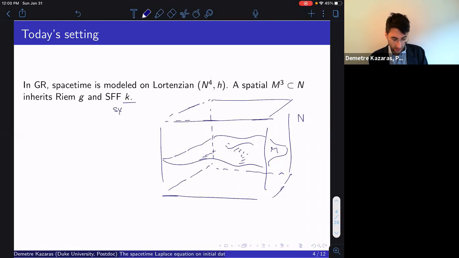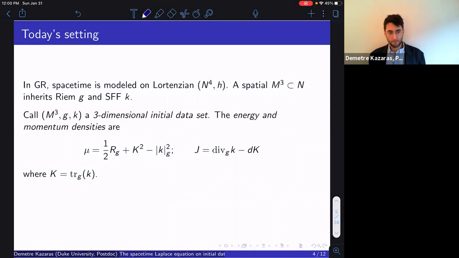It's a symmetric 2 tensor on M, which reflects the difference between the connections on the ambient manifold and the hypersurface, reflecting how M is curving in N. Okay, so if you forget about the ambient Lorentzian manifold and just look at a hypersurface with the induced Riemannian metric and second fundamental form, you can consider that data by itself. You would call that an initial data set.